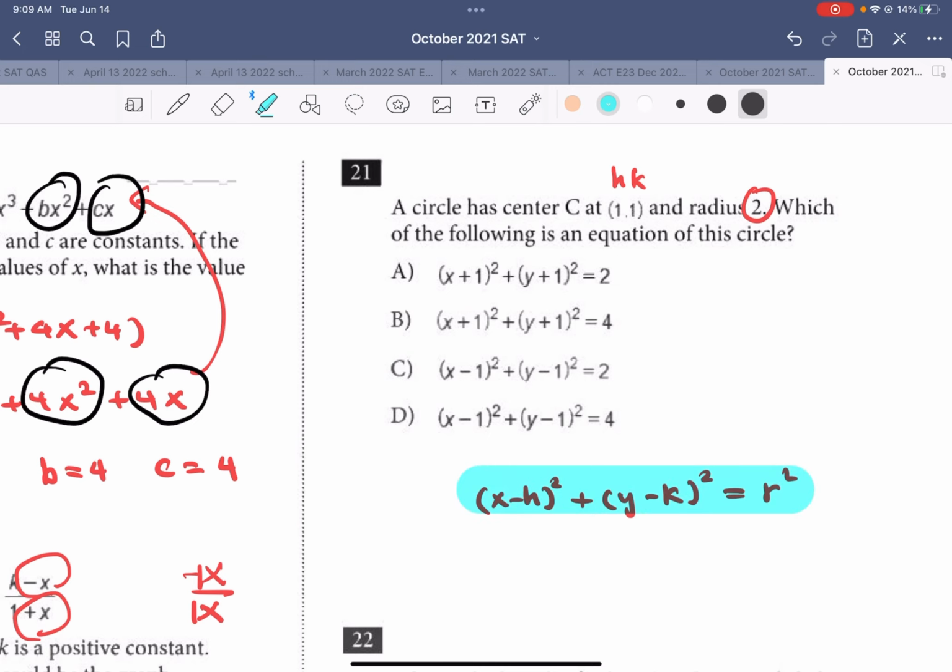So that's the circle equation. What are h and k? That's the center, and r is the radius. When you substitute those data, x minus 1 squared plus y minus 1 squared equals 2 squared, which is 4. Okay, so that is T. Okay, memorize the circle equation.